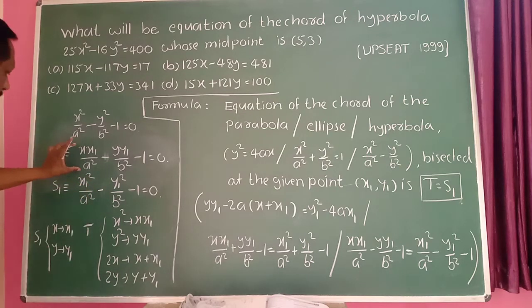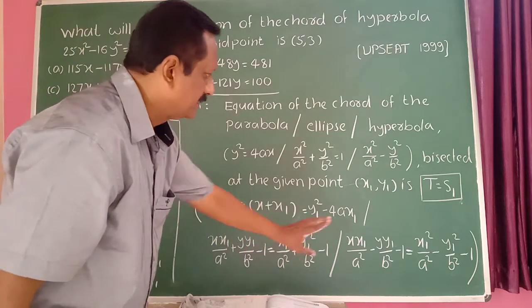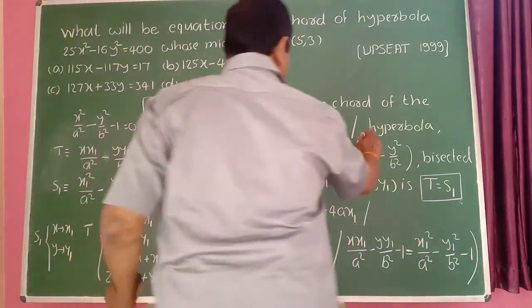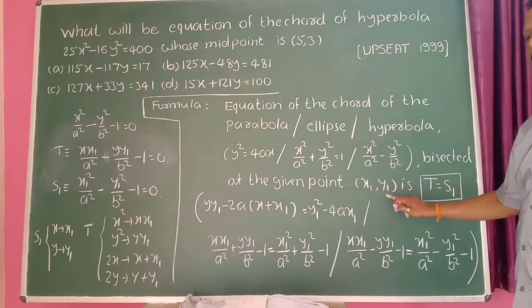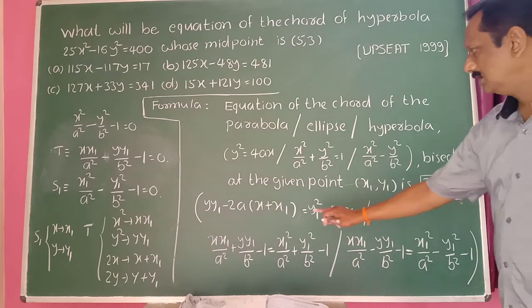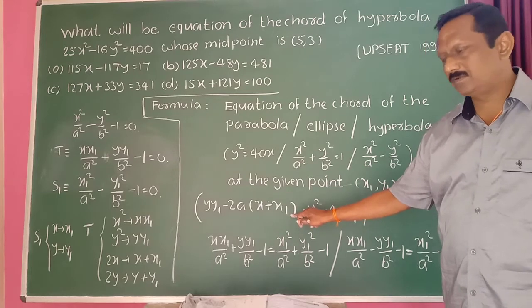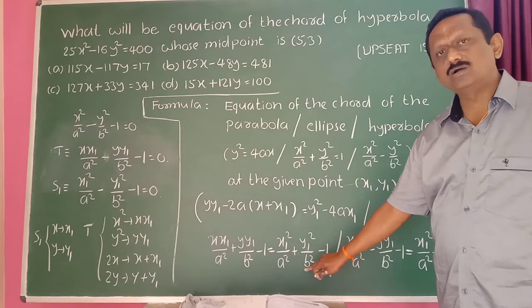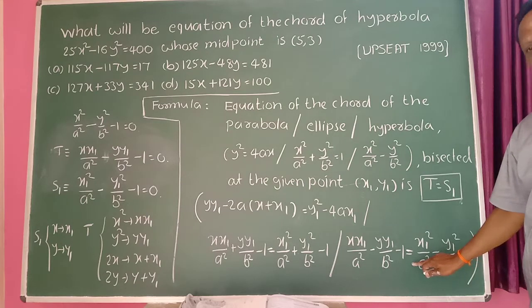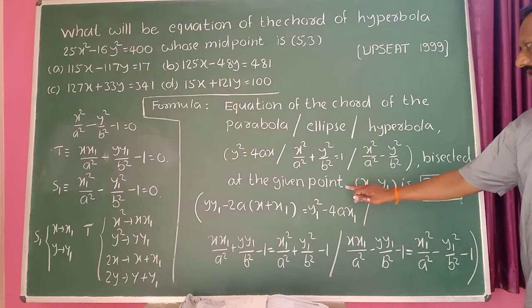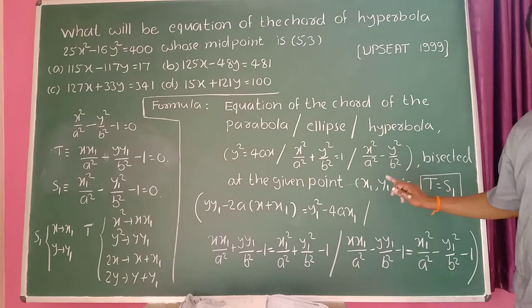Then equate them. It gives the equation of the chord to this hyperbola bisected at the point (x1, y1). Therefore, this is the equation of the chord to the parabola, this is the equation of the chord to the ellipse, and this is the equation of the chord to the hyperbola bisected at the point (x1, y1).